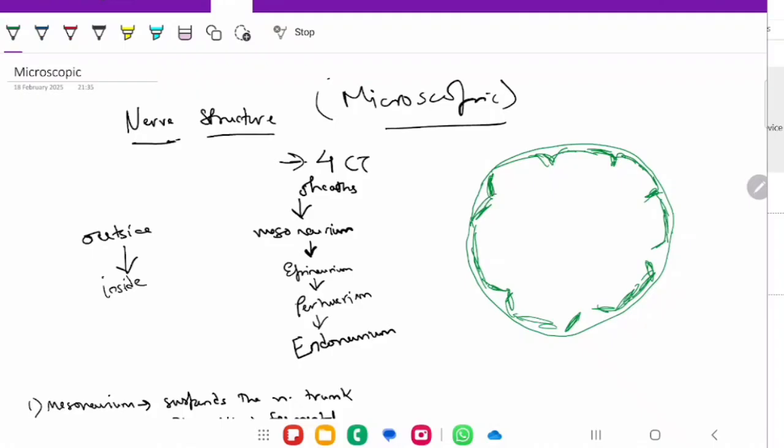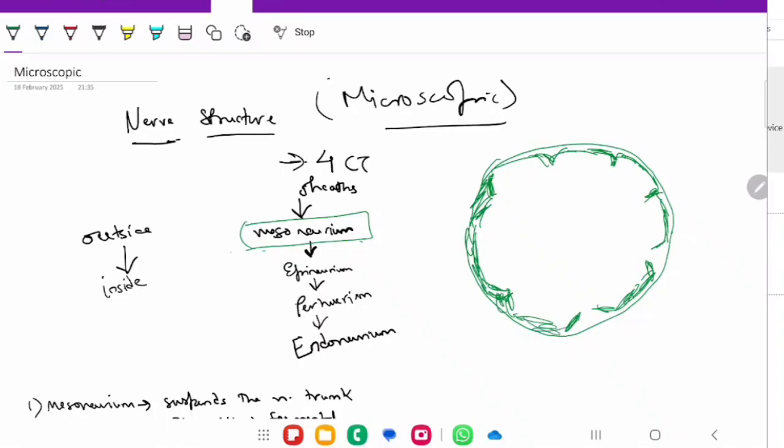So nerve structure, it's not just neurons. Neurons need to be protected from other things as well, such as blood or any other surrounding stimulus. So how do we protect it? There are four connective tissue layers. The first and foremost layer is mesoneurium.